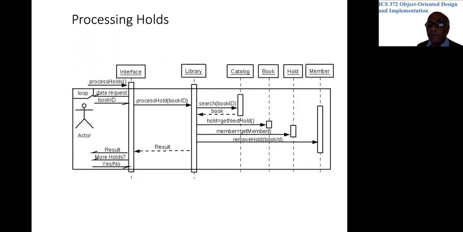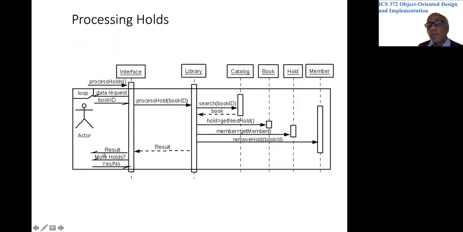It could be empty, but this has a sequence of hold objects, and each hold object will say who the member is, and we can get the member object from here. Because that member object is required, we need to know the phone number and name of the member so that we can display that information.